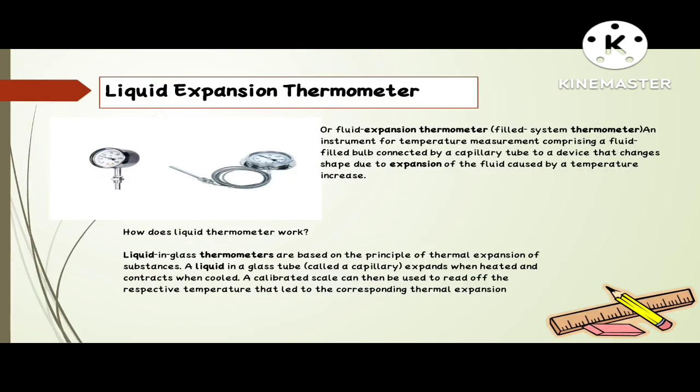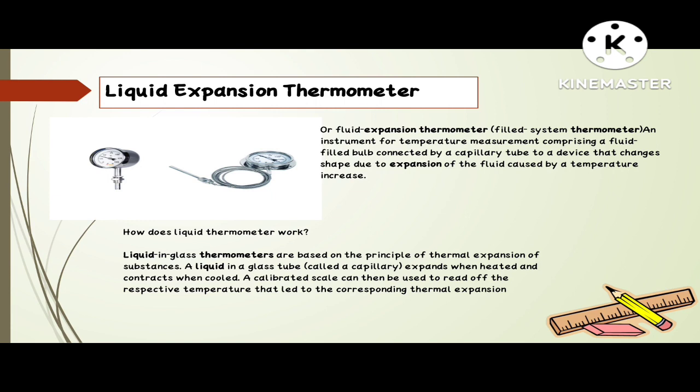First is the liquid expansion thermometer or fluid expansion thermometer, a filled system thermometer, an instrument for temperature measurement comprising a fluid-filled bulb connected by a capillary tube to a device that changes shape due to expansion of the fluid caused by a temperature increase.